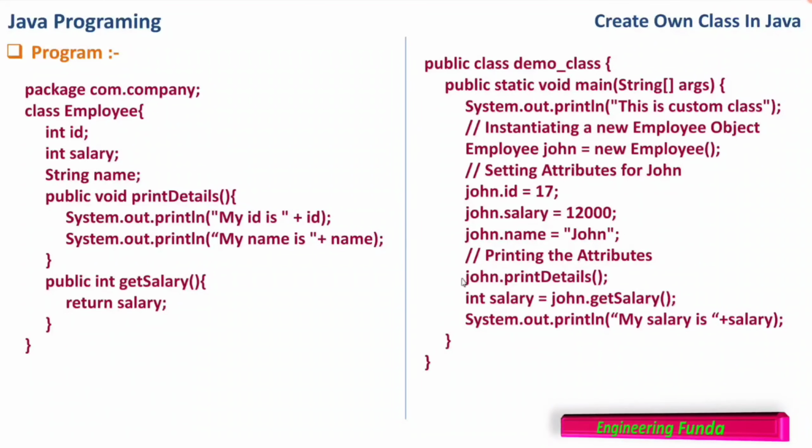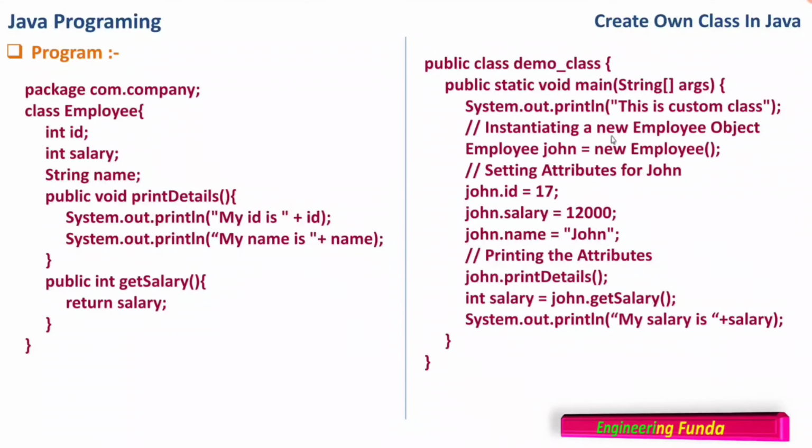What this will do is call the method printDetails with the values of the attributes associated with the object john. So it will print only the values of the attributes that we have just assigned to john.